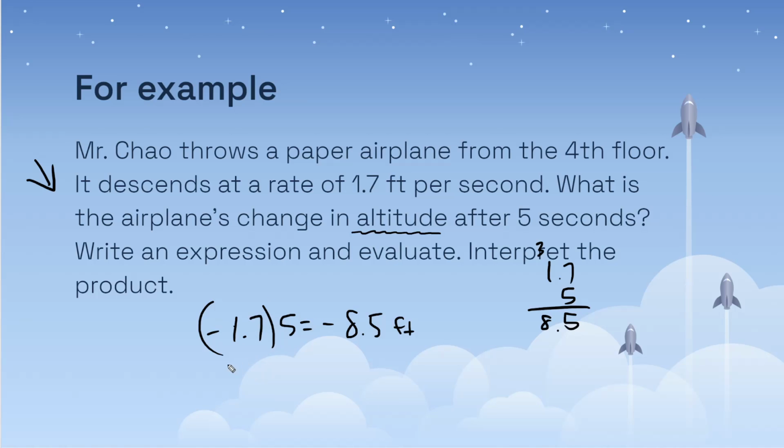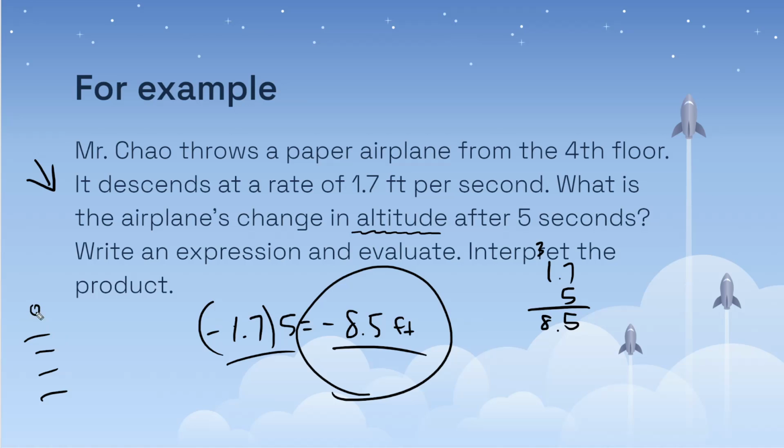So here we have the expression. We evaluated it. Interpret the product. What does this mean? That means that from the 4th floor, here's Mr. Chow, here's the building, here's my amazing paper airplane. It's fallen 8.5 feet from where I've started.